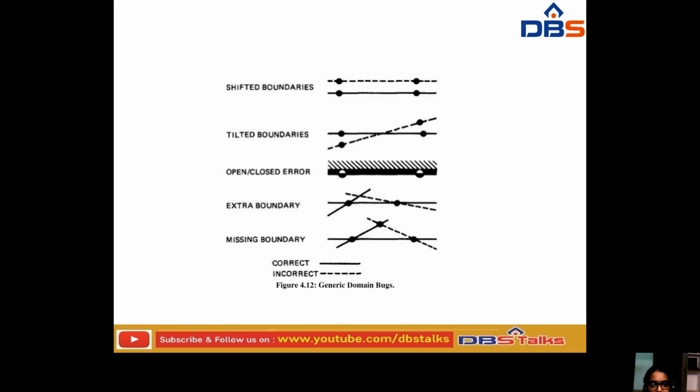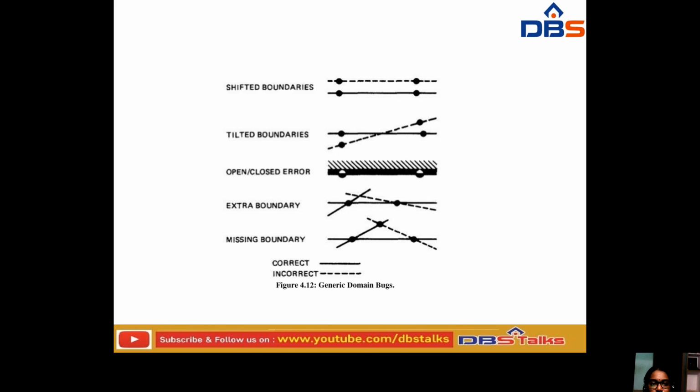If this portion is shifted to this side, just like that, then we can say it is a shifted boundary. Okay, if the boundary is like this, open on one side and closed on the other, we can say it is a tilted boundary.